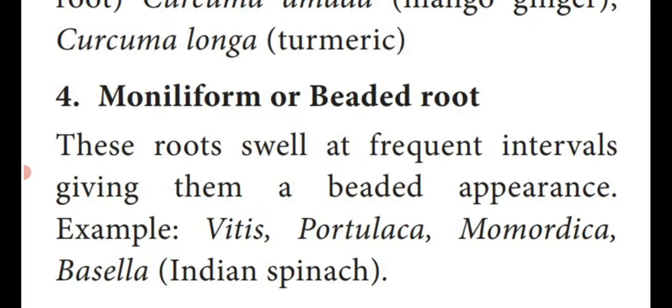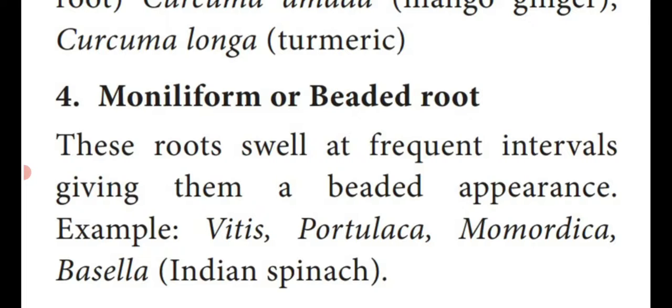So dear students, between two beads, we have a string or a thread, isn't it? Likewise, in some regions they are storing the food material, then the root comes next, then again storing the food material, then again the root region. Likewise, they swell at regular intervals.